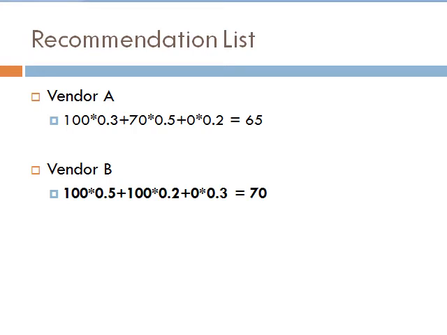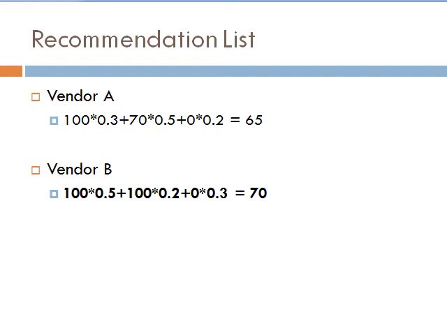These are calculations that are computed to help us select the optimal vendor. The overall value of the vendor can be calculated by calculating the weighted sum of each of their ratings. For example, the vendor has a rating of 100 for cost, which is multiplied by its weight of 0.5.